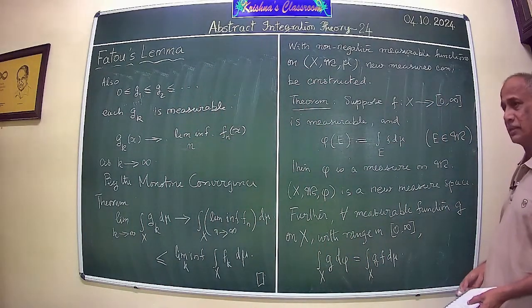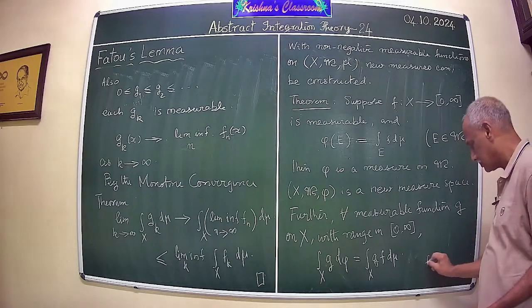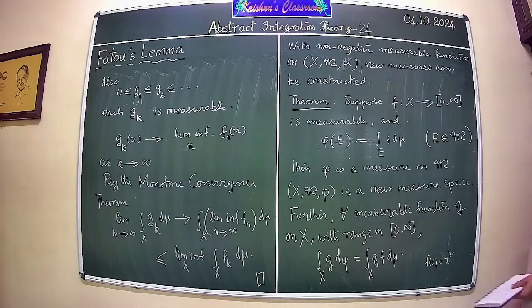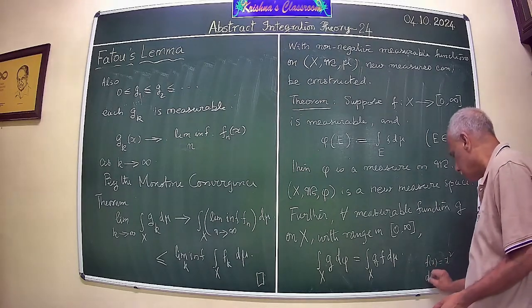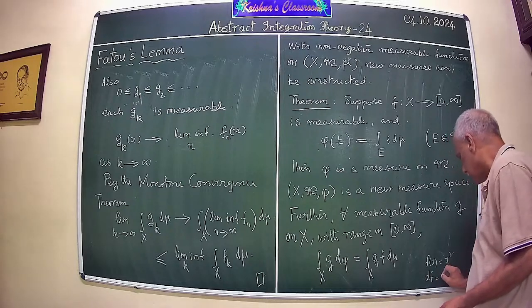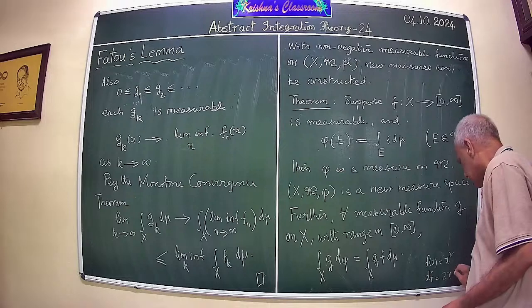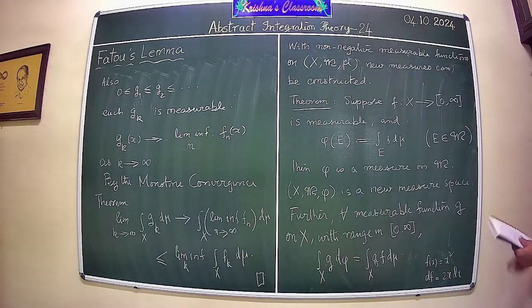If you recall the example, x squared. Now what is df? This is the original measure, the Lebesgue measure. Now further, what happens?